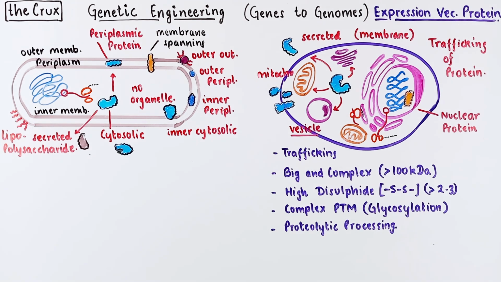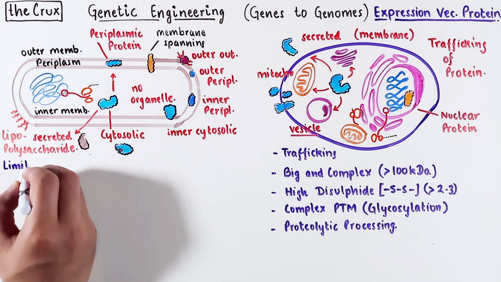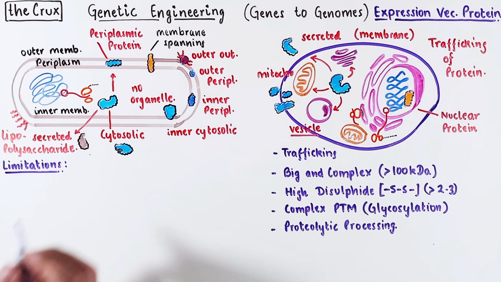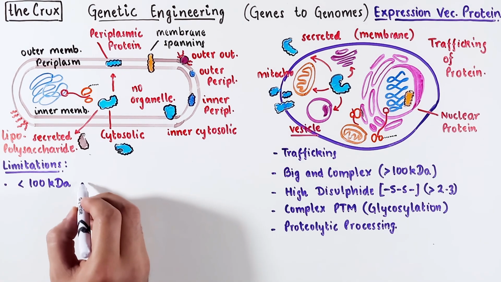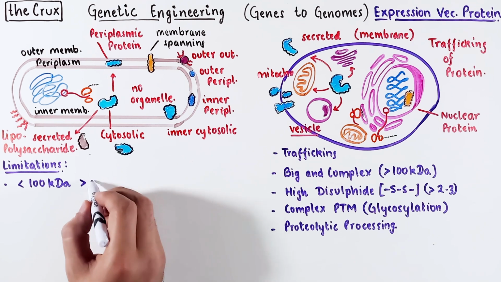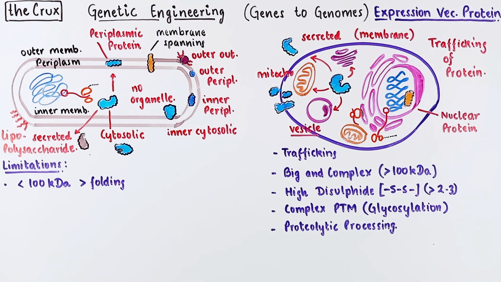The amount of proteolytic processing is also quite high in eukaryotes. Essentially, all these plus points of eukaryotes are a limitation for the bacterial system of protein expression. It cannot handle proteins more than 100 kilodaltons in size because it runs into the issue of improper protein folding.